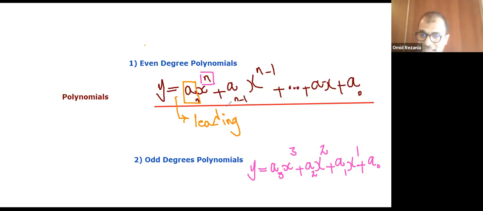Then it becomes the odd degree polynomial. Why odd? Because 3 is an odd number, and a_3, which can be any real number, becomes the leading coefficient.